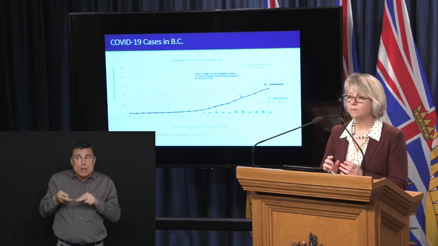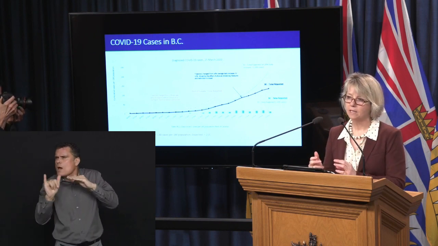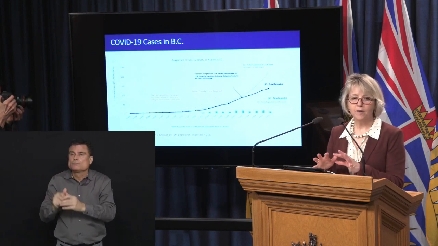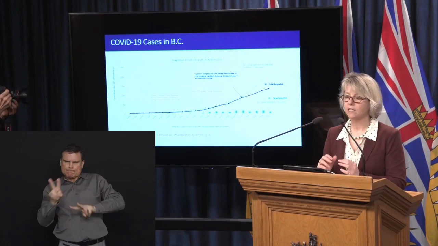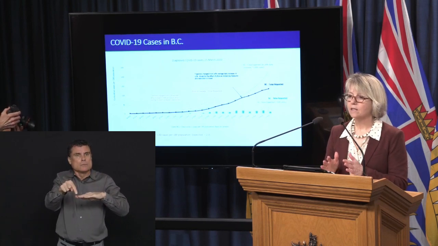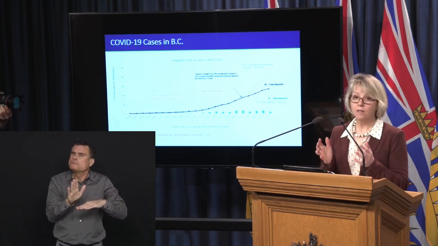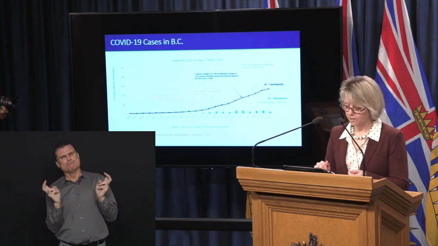We also are doing some of what we call dynamic modeling that looks at impacts of measures that have been taken. But that modeling is still at a very early stage because we haven't, thankfully, had a lot of cases yet in BC. And we are still within the time frame of implementation of some of the broad social measures that we've all been impacted by in the last few weeks.